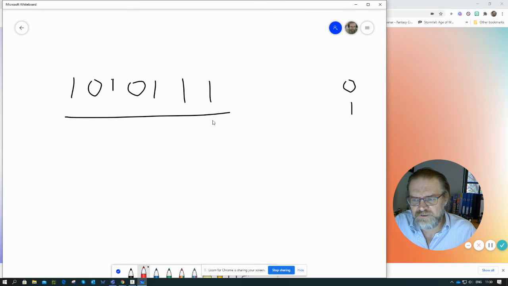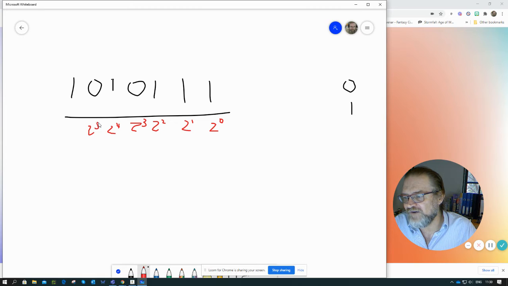Well, because this is a base 2 system, there are only 2 numbers, it's 2 to the power of 0 in the first column, 2 to the power of 1 in the second column, 2 to the power of 2 in the third, 2 to the power of 3, 2 to the power of 4, my writing is getting absolutely awful, 2 to the power of 5, and 2 to the power of 6.